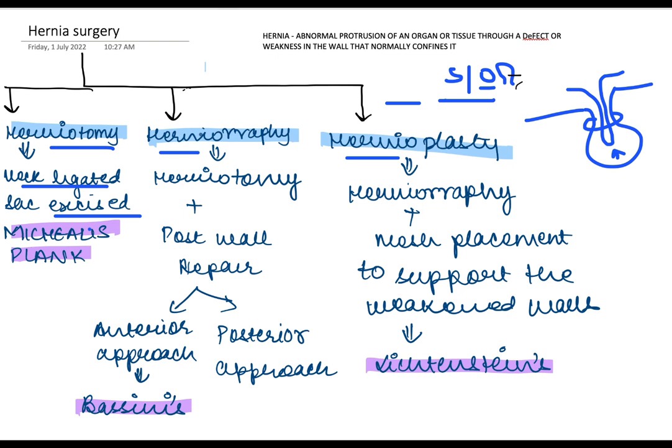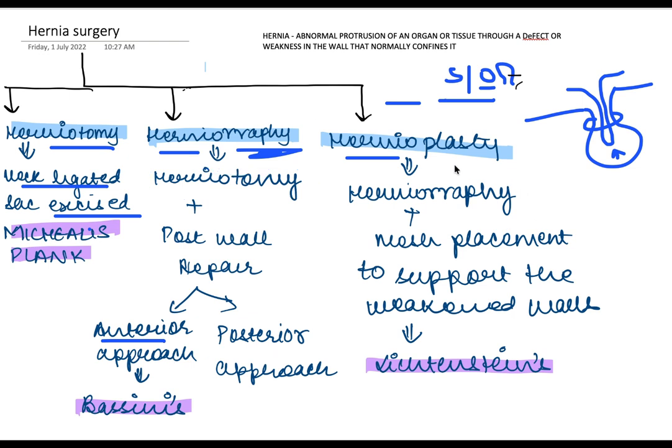The next surgery is herniorrhaphy. That is herniotomy, meaning ligation and excision, plus wall repair. It is most commonly done in the elderly who have muscle weakness, right? There is an anterior approach and a posterior approach. The anterior approach is also called Bassini's repair.